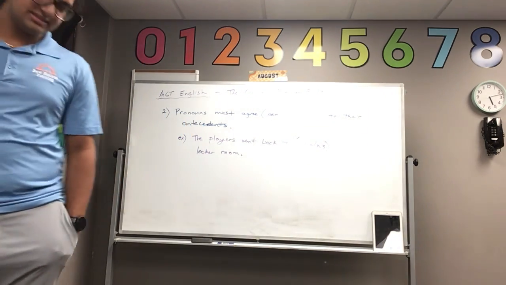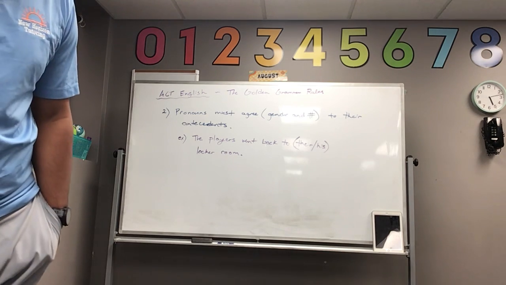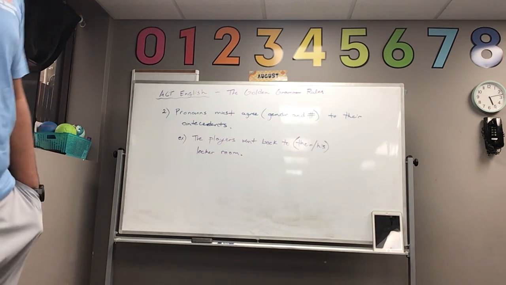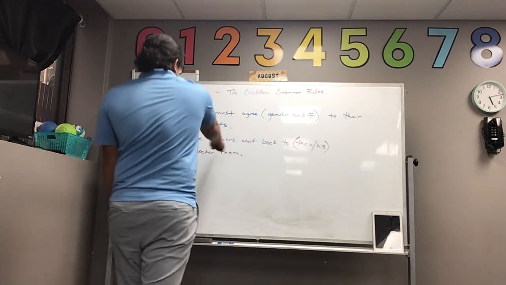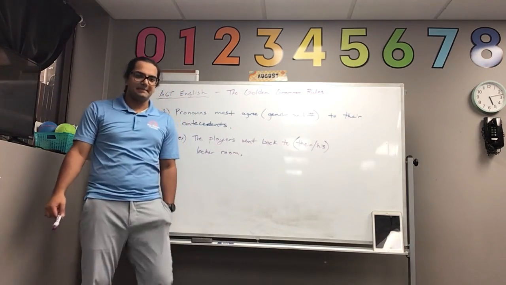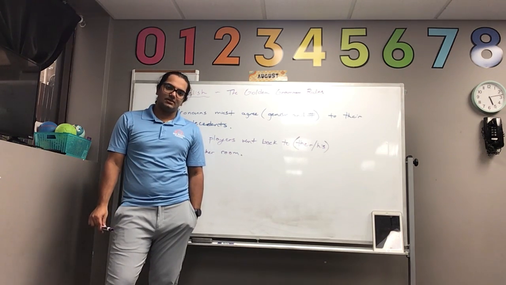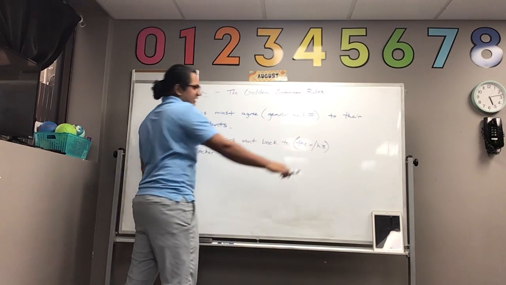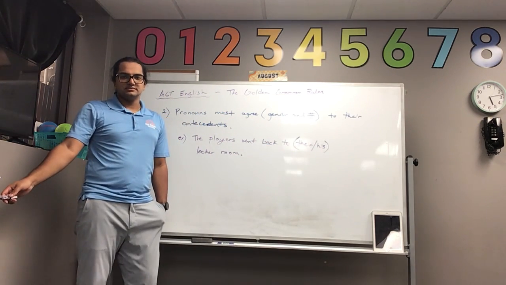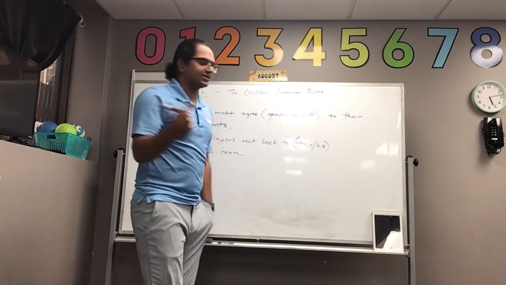The sentence reads, the players went back to their locker room, or the players went back to his locker room. We're going to do another vote on this one. How many people think the players went back to their locker room? Okay. How many people think the players went back to his locker room? Okay. So you guys are correct.